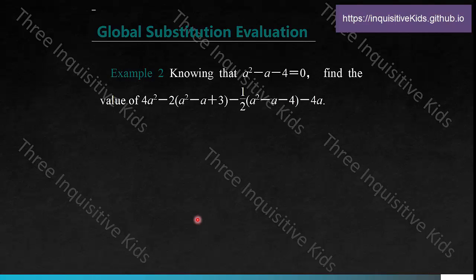So let me give you a little hint here. It already told you that a squared minus a minus 4 is equal to 0. So all you have to do here is look. All you have to do here is try to make some of this into what you already know.